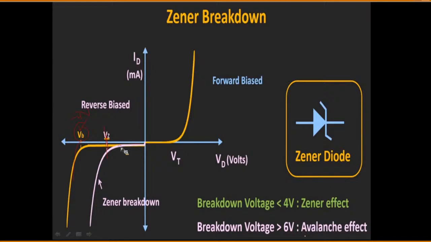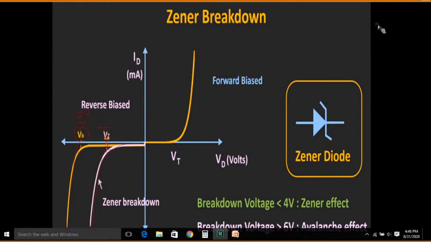Due to that, from the Zener voltage onwards, a constant voltage with a huge amount of current is going to flow irrespective of the voltage you are applying. That is the meaning of this breakdown voltage: if the breakdown voltage is less than 4 volts, that effect we are calling the Zener effect. That means the reverse voltage is less than 4 volts. For less than 4 volts, if any breakdown occurs, it is due to the Zener effect.